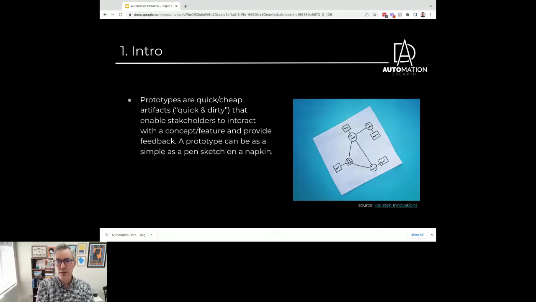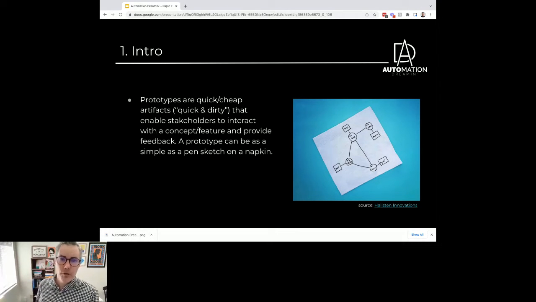It can be something as simple and as low fidelity as just a little sketch on the back of a napkin, whether that's a little flow diagram, a little flow chart, or some logic built out on the back of a diagram. I'm going to talk about some other methods as well, but the idea here is it's cheap, it's quick, and you get it out to the stakeholders so they can view things as quickly as possible.